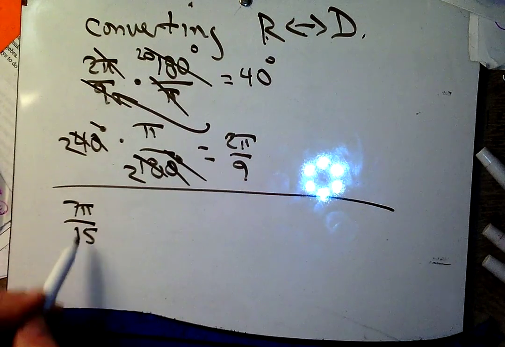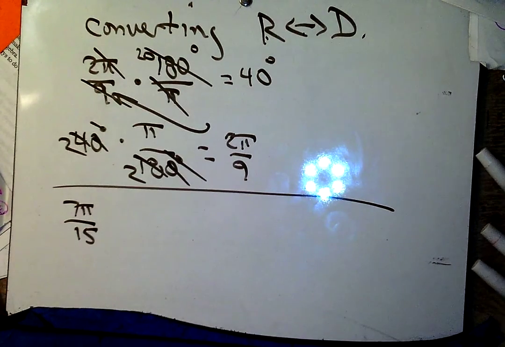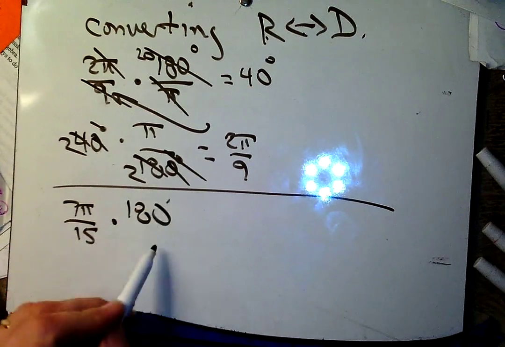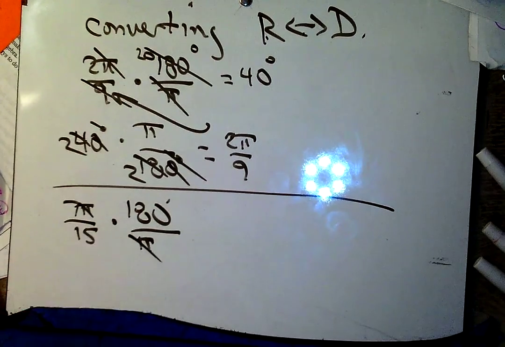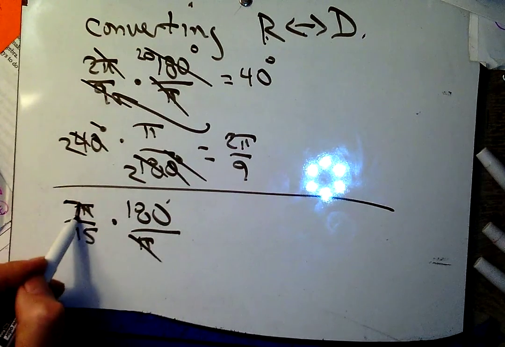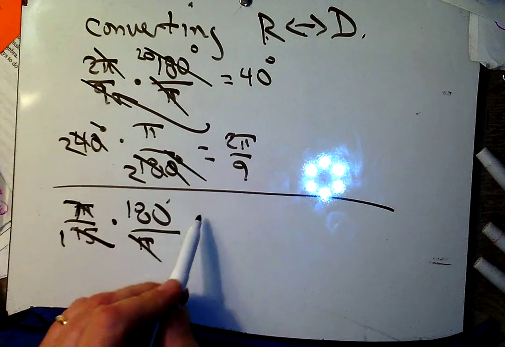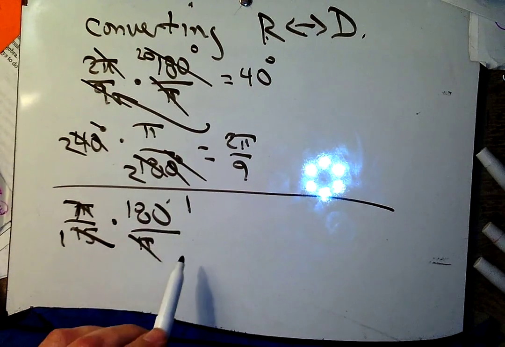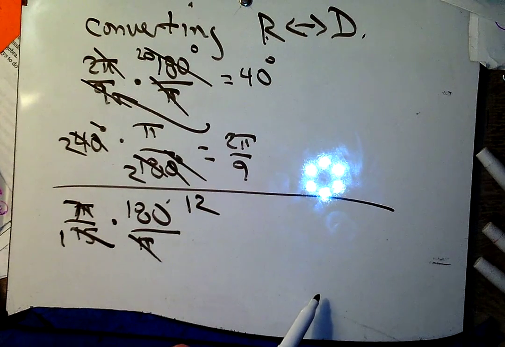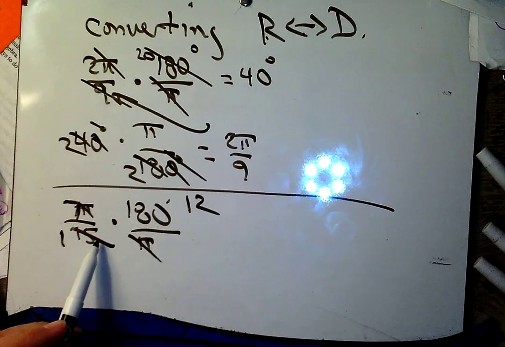7 pi over 15. Please convert that from radians to degrees. 5, 4, 3, 2, 1. Okay, so we have 180 over pi. We're going to cancel. Does 15 go into 180? Sure does. 10 times 15 would be 150 plus 2 more 15s, 30.